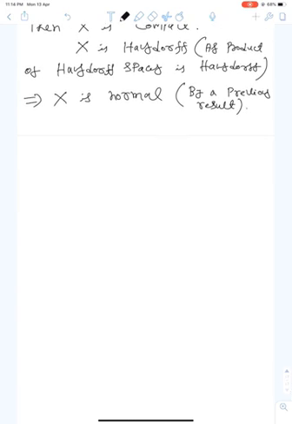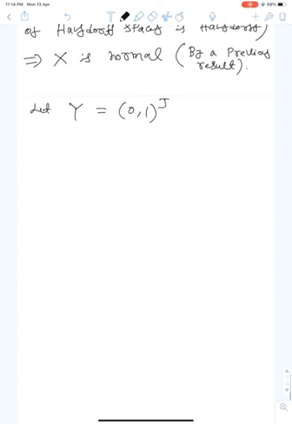Now let Y equal (0,1)^J, that is an uncountable product of the open interval (0,1).